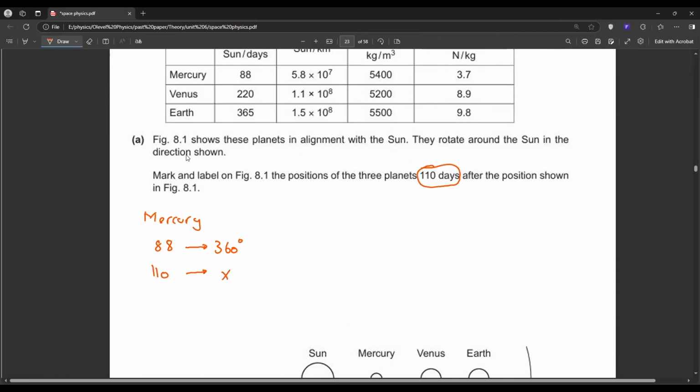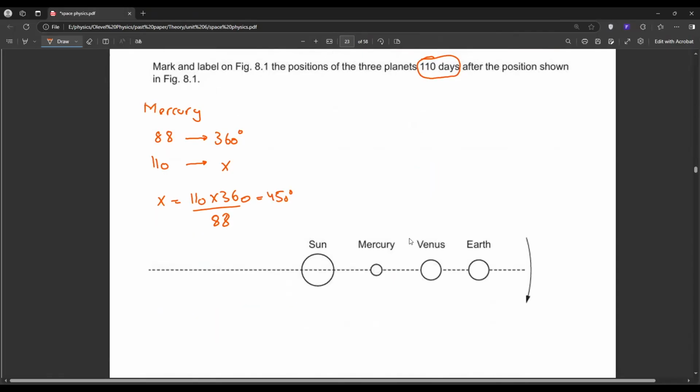Apply ratio method. X is equal to 110 times 360 divided by 88. This comes out to be 450 degrees. So in 110 days, Mercury will rotate by 450 degrees.